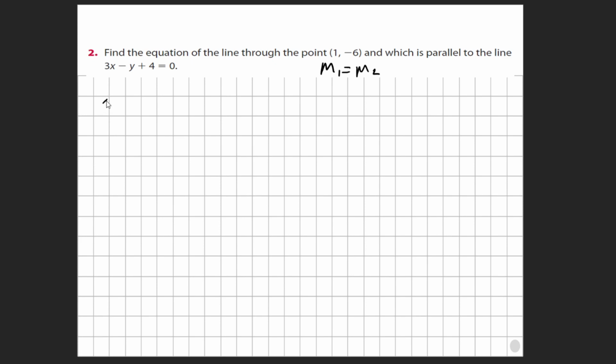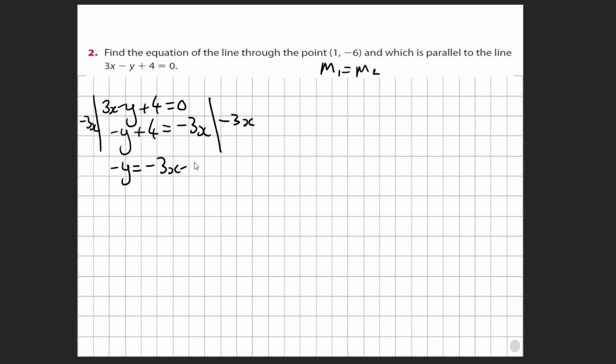So we're going to start with 3x minus y plus 4 equals 0. We take 3x away from both sides of the equation, and we get minus y plus 4 equals minus 3x. Then we take 4 away from both sides of the equation to get just the y by itself.